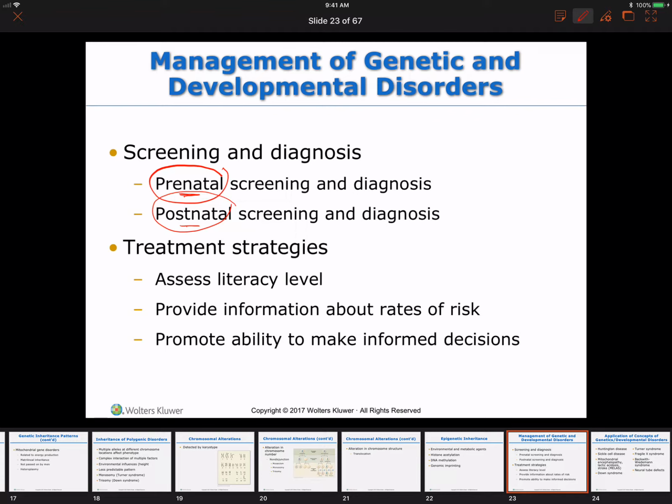These are usually done to diagnose serious conditions, to provide options for treatment and possible interventions early in life. There are some of these genetic diseases that have ways to treat them. It would involve some sort of gene therapy or supplementation with a particular protein, and so on.